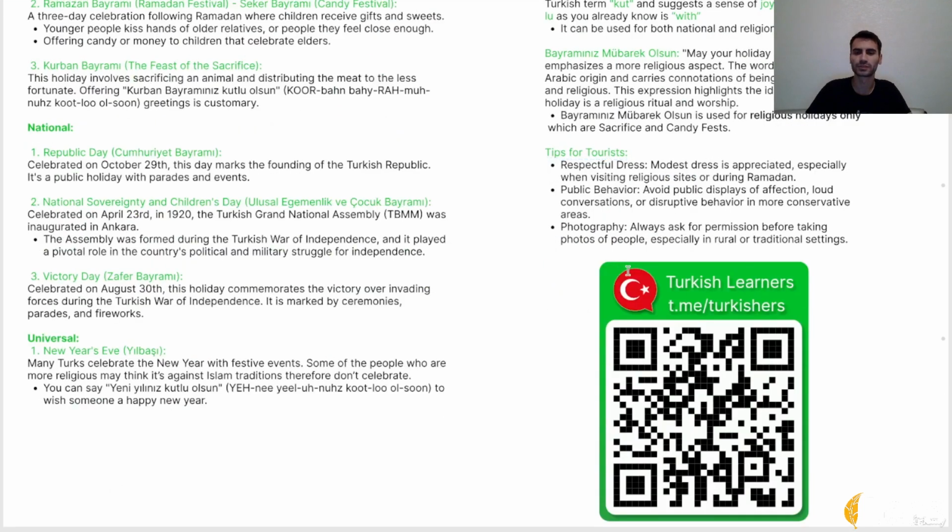Tips for tourists. Respectful dress, modest dress is appreciated. Yes, especially in religious times. Also, cemeteries.